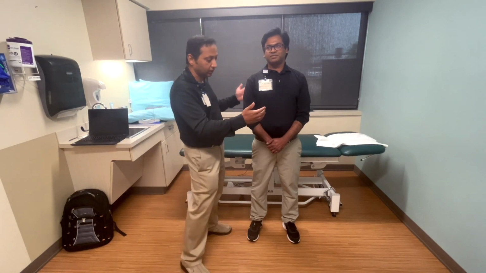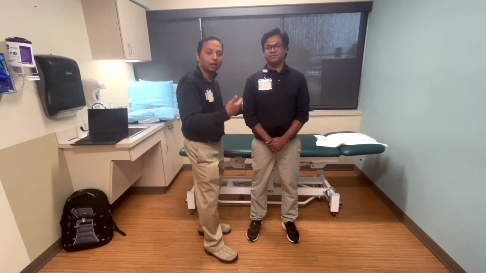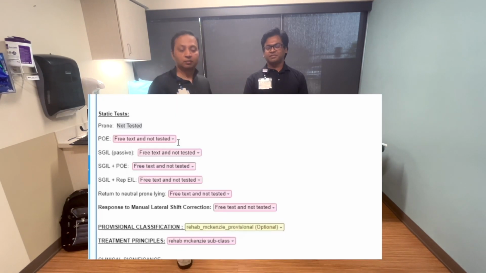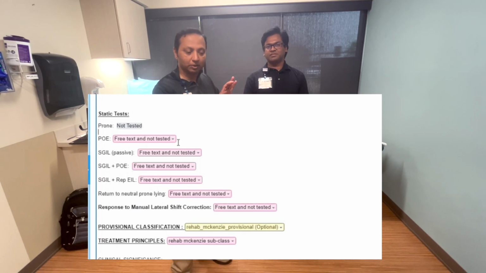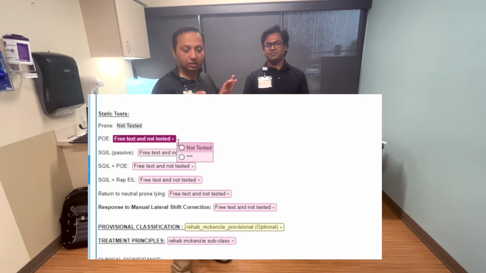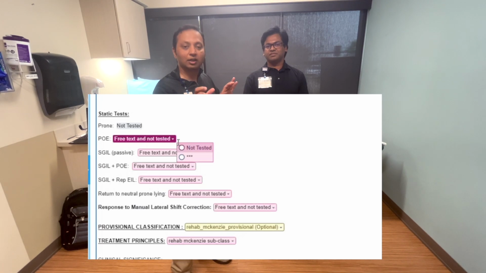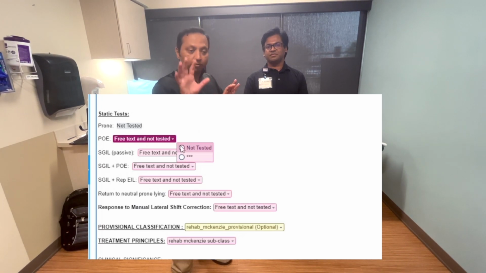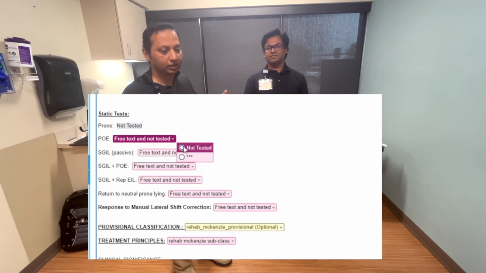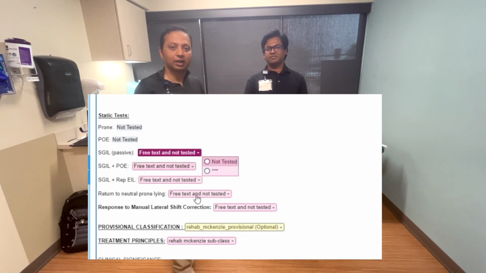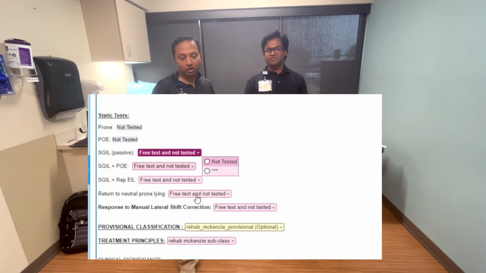It also has the manual shift correction for lateral shift situations. But all of those things are free text responses. And then there's also a choice to click not tested. So if we include the static tests, the response typing is all free text, so there's not much explanation we might have to do within this video.